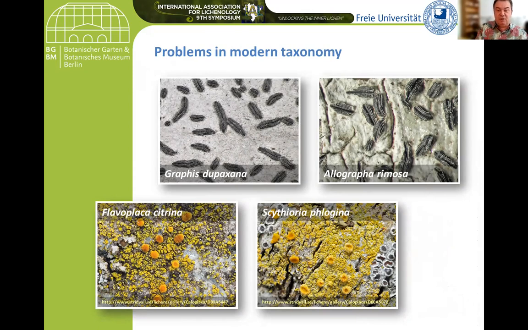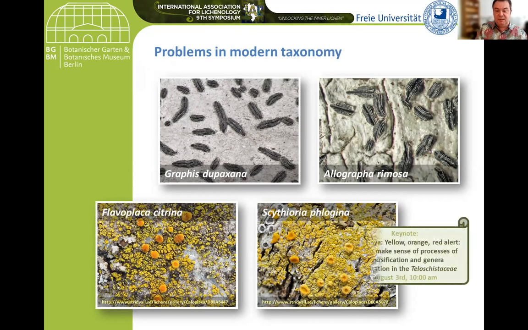As you all know, this is probably one of the most problematic families right now in terms of genus level classification, where you can have very similar things that are entirely unrelated. And also here, it's easier to get to the species, and then you look up what genus it is. I just want to refer to Esther Geijer's talk on Tuesday, the keynote speech about this family. So don't miss this.